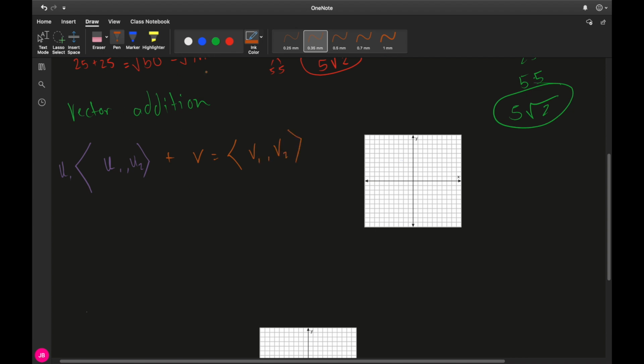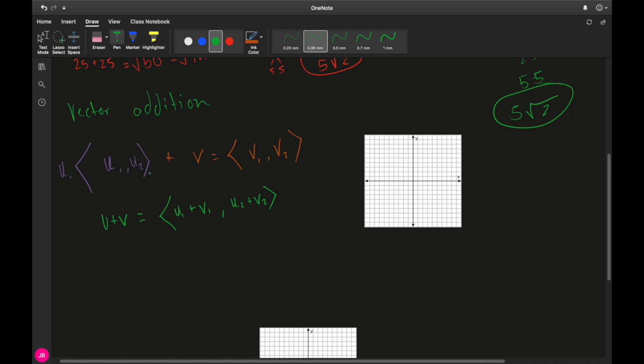Now the formula for adding these is going to be very, very simple. All I'm going to do is say that u plus v is equal to u1 plus v1 comma u2 plus v2.